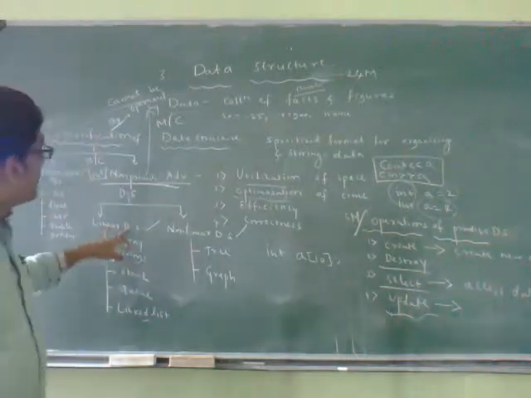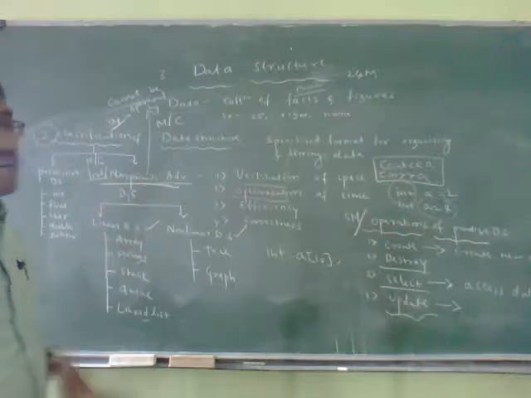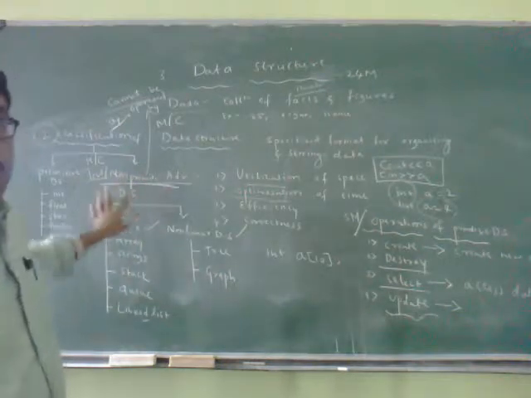Then what is a linear data structure? In a non-primitive data structure you have 2 types: one is linear and the second is non-linear. First, linear data structure. Linear means sequential.